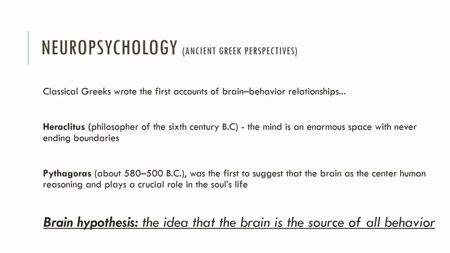So here, Heraclitus and Pythagoras were the first ones to start developing the notion that maybe the brain could be the center of the mind and also the center of the soul. This is the fundamentals of the brain hypothesis.